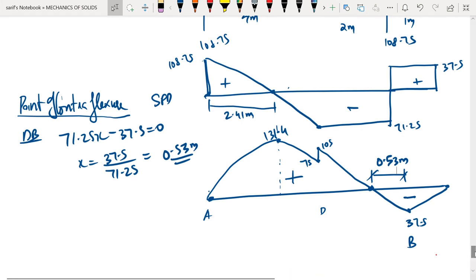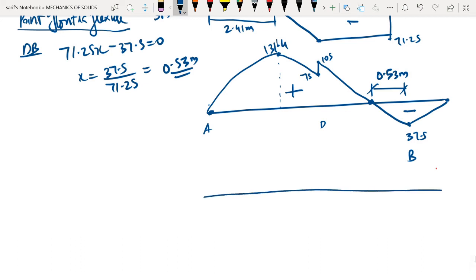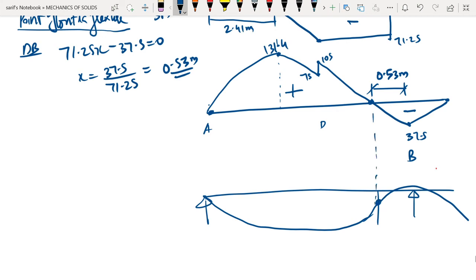What that means is on either side of the point of contraflexure, the bending moment will be of opposite nature. So we can show that in the deflected shape also. If we try to draw the deflected shape of this beam, we are going to have sagging, and somewhere the nature changes to hogging, and that point where the nature of bending changes from sagging to hogging, we call it the point of contraflexure.